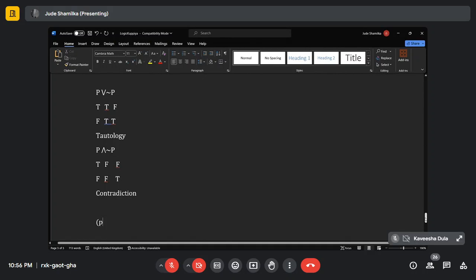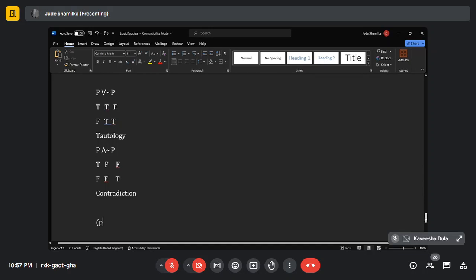Okay. Anyways, not considering those loopholes, let's move on to how to find a contradiction. The same thing that we do here, we are going to make the truth table for those two and then check whether the final output is a list of falses.